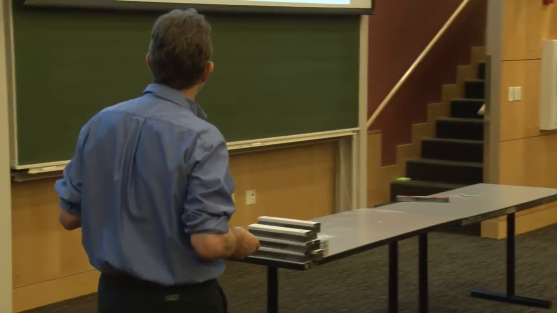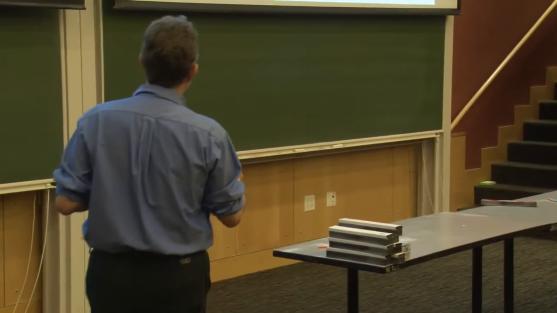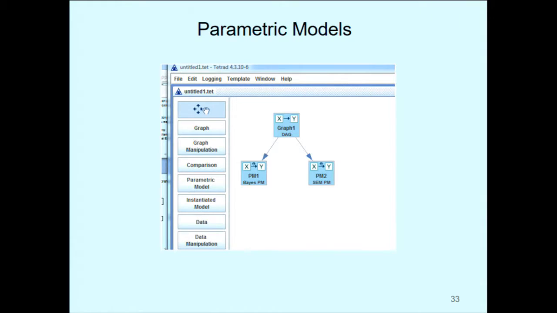So here's a picture of the program in which I've taken a graph and interpreted it in two different ways. One, as a Bayes parametric model, which I'll get into, and the Bayes parametric model involves discrete valued variables, like gender, or whether or not you are considered low or high on some property, or whatever variable you want, it's only discrete values for this parameterization.